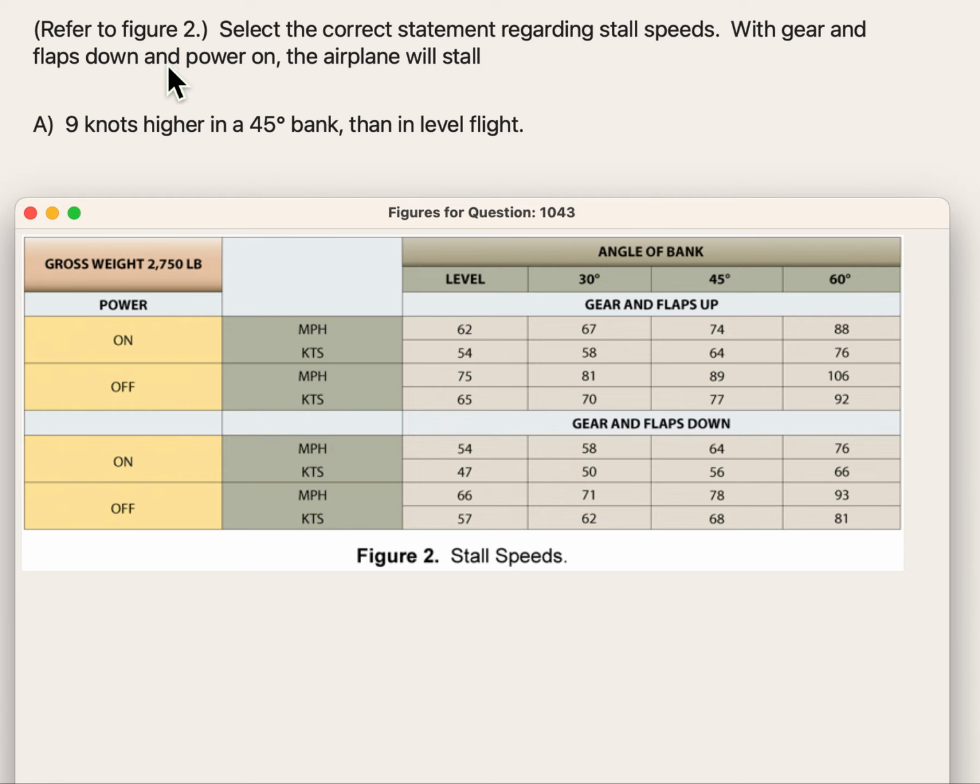With gear and flaps down and power on, the airplane will stall 9 knots higher in a 45-degree bank than in level flight. So you look at 56 minus 47. So yeah, 56 minus 47 is 9. So that's correct.